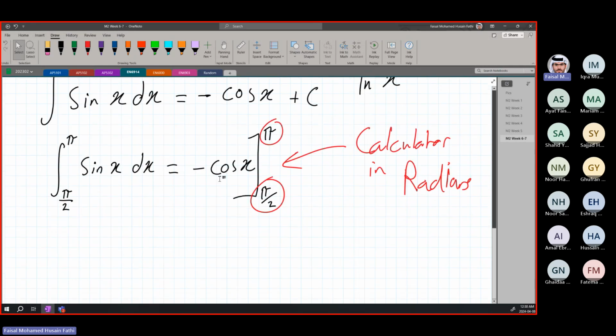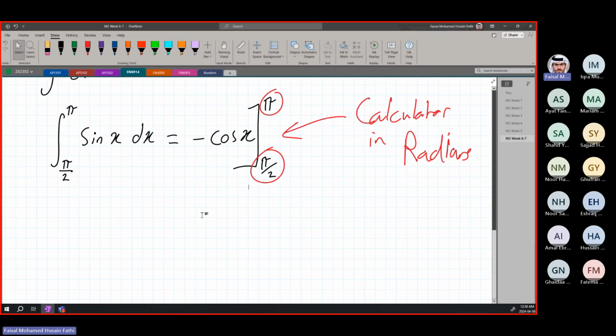This is a very important thing. Otherwise the whole mark goes because the calculator is in degrees. When we are dealing with pi, most of the time when we're dealing with integration anyway, your calculator should be in radians because usually the limits are from pi over 2 to pi. I advise you to change it to radians from the start of the exam. Change it to radians because I believe you are only going to get these questions and they're always going to be in radians. Very rarely they're going to give you degrees for limits. It's most of the time, if not all of the time, in radians. Okay?